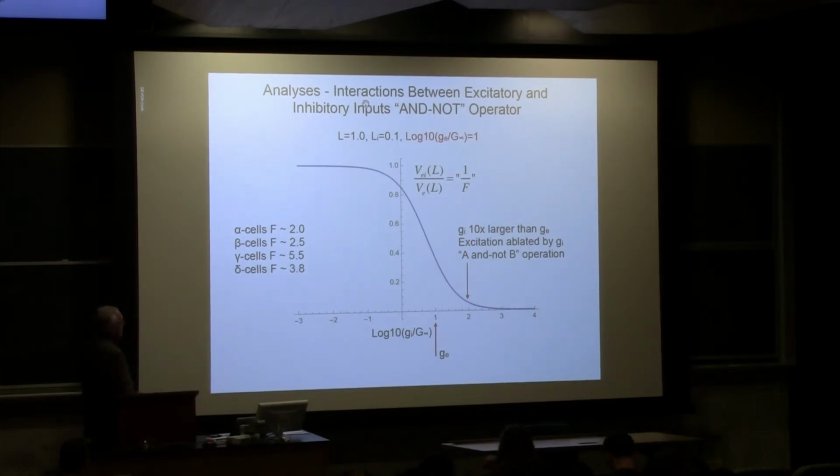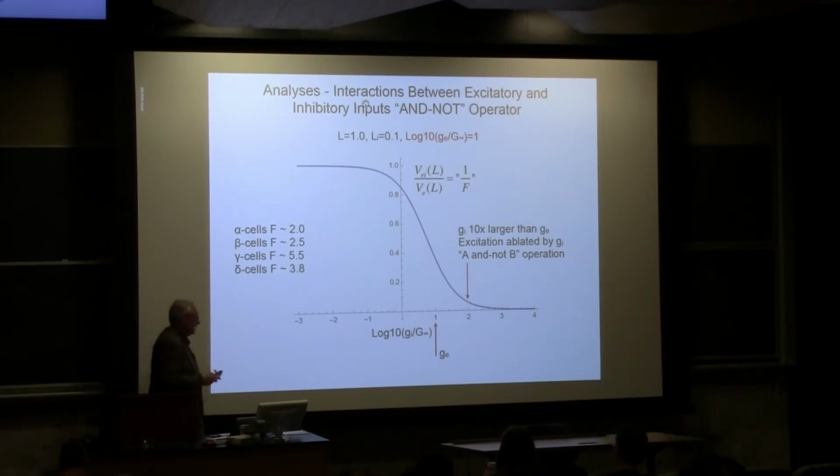And to get this plot, I have to make some assumptions about the values of the inhibitory synaptic conductance and the excitatory synaptic conductance. For simplicity, I'm plotting the inhibitory conductance normalized in units of G infinity, which is the input conductance of the semi-infinite version of that cable.